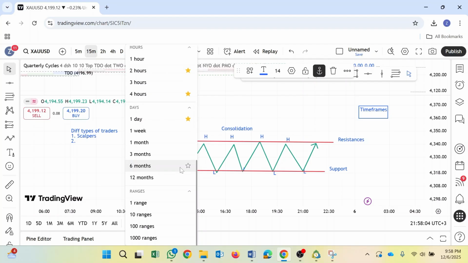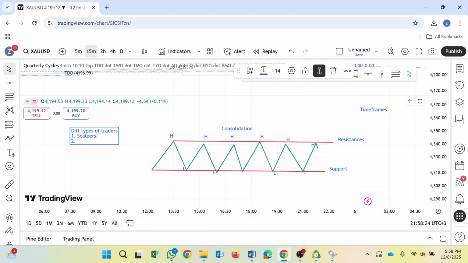What favors you? Is it short time frames? Short time frames have a lot of entries, but it is also very easy to get wiped out and blow the account. So scalpers are those that enjoy trading on short time frames.